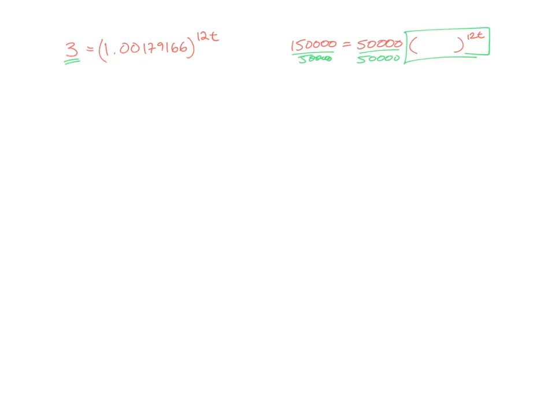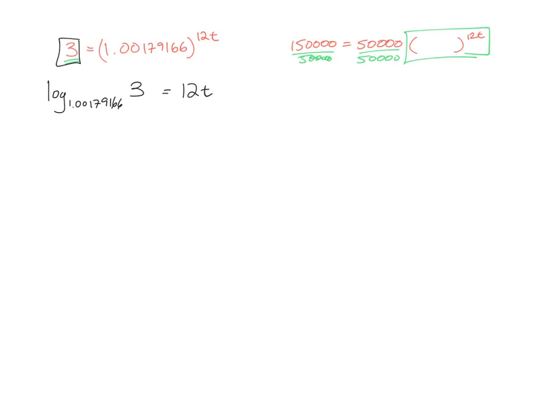We have to rewrite this in log form, which would be, again, log base 1.00179166 equals the exponent, and the answer, the 3 that we had, would become the argument.